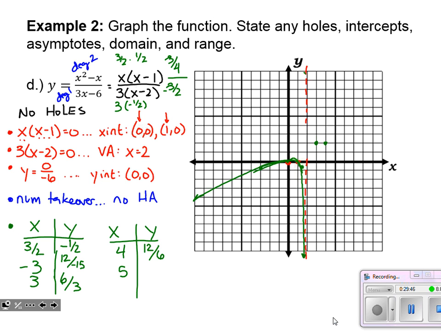Let's see what happens when we plug in a 5. 25 minus 5 is 20, over 15 minus 6 is 9. Okay, 20 over 9, that's just a little bit over 2. About right there. So it looks like what I'm seeing is something like this.